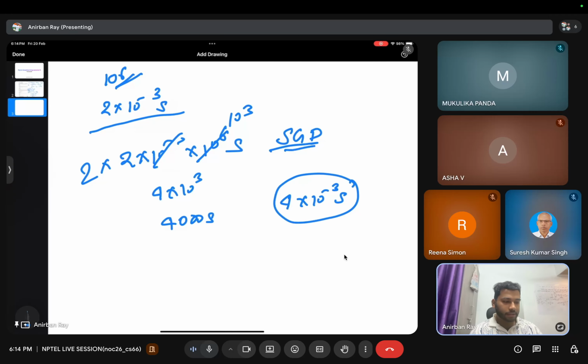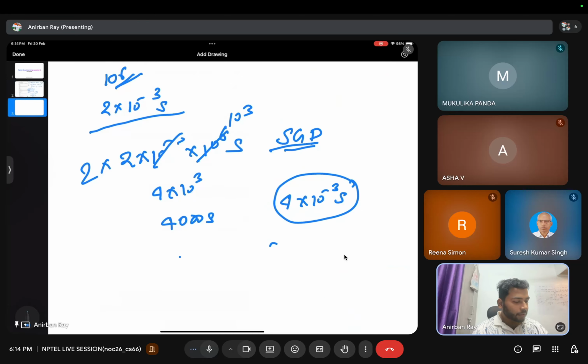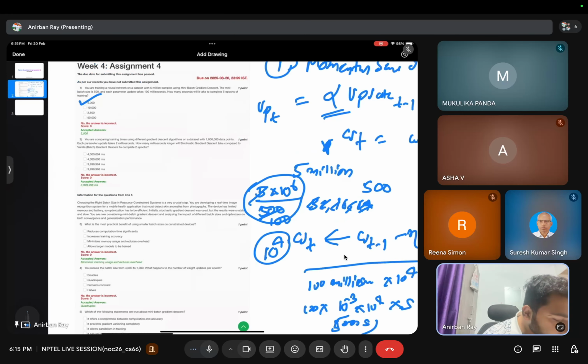How much more is it asking? It is almost 4000, but actually it is in milliseconds. So do it in milliseconds: 4000 and this one is 4 milliseconds. You have to subtract 4 from this, and this is the answer.